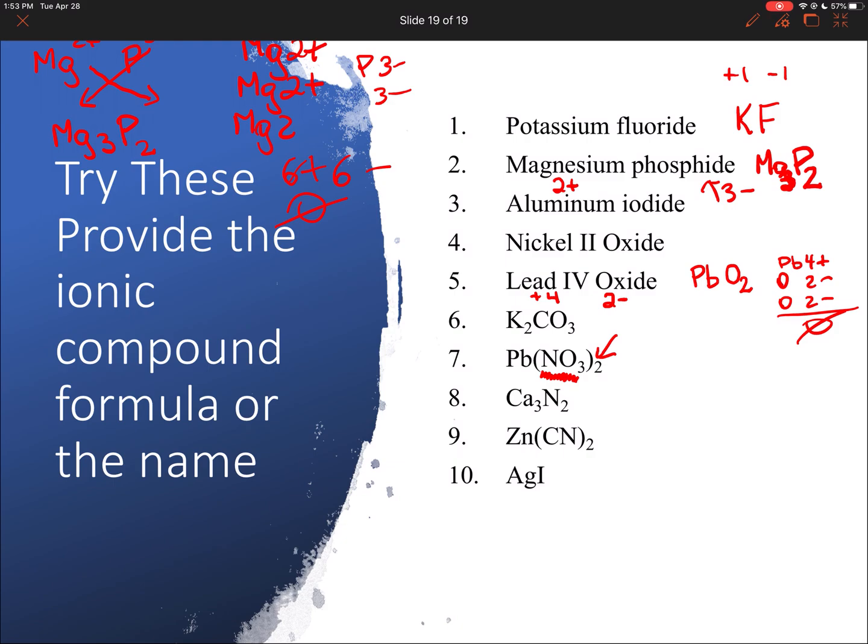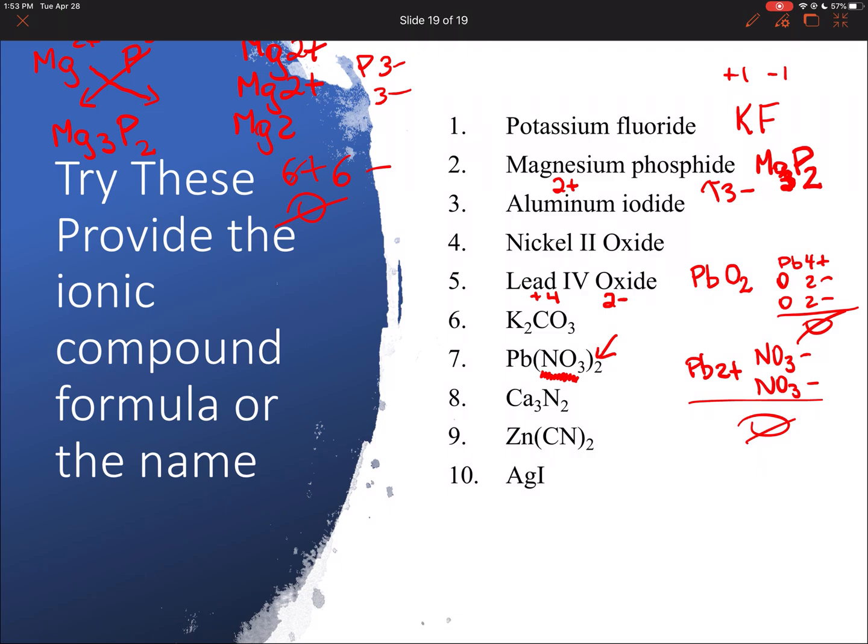So, skipping to the end, if I've got nitrate, and I got 2 of those, in order for this to be balanced, that lead must be +2. That's what would give us an even charge.